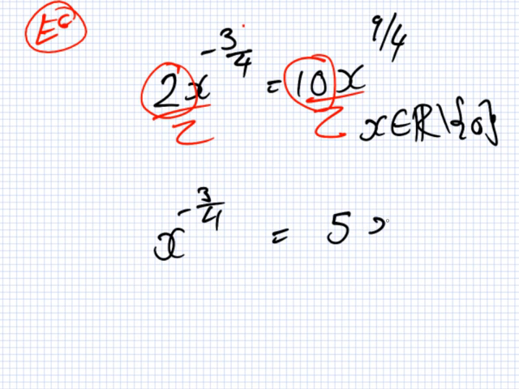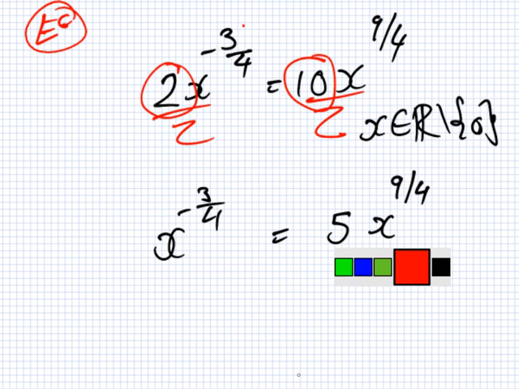5. Okay, so the way I'm going to do it, it's not the only way to do it. I had a few people give me different ideas, which are all fine. But I think the way to get to the answer quickest would be to put a power on both sides.